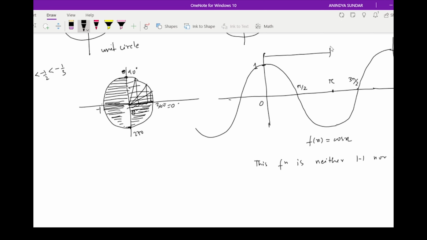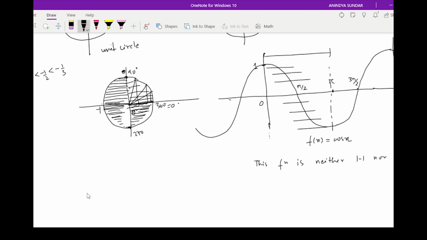Because in this region, if you draw horizontal lines, you will see that the line will cut exactly at one point. That means this function is one-one.